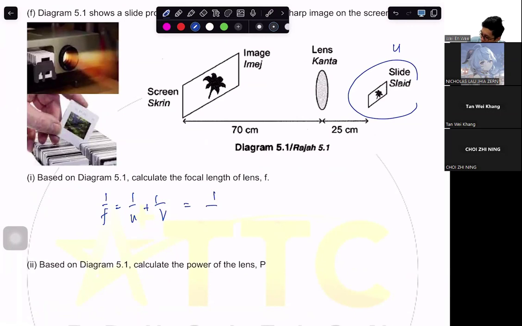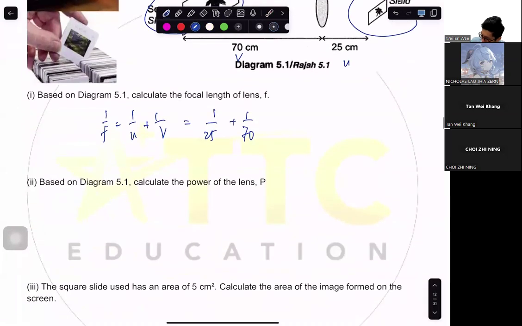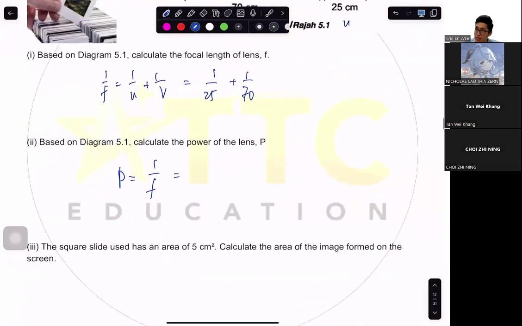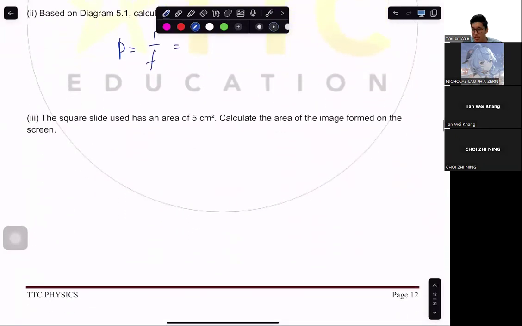This is the object. This is the image. So this is u, this is v. All right, 25, 70. You understand? Okay, and then the power is of course P equals to 1 over f lah. All right, now this one you can just do it yourself lah. Okay, no problem. Let's look at the third one.